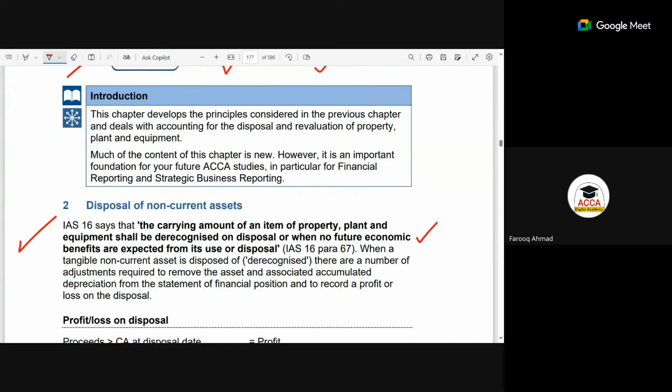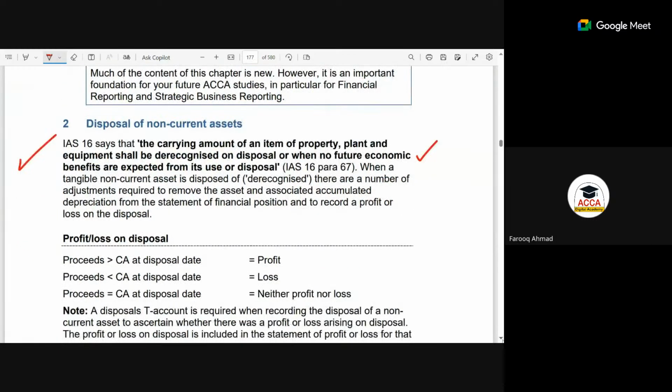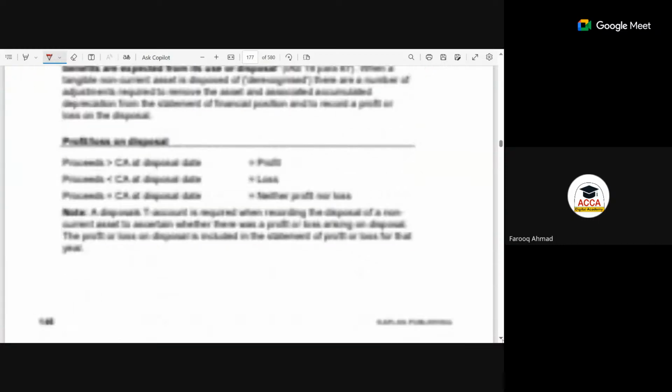When you sell it or when you feel it's not giving any benefit to the company, we need to dispose of it and it should be de-recognized in the books of account. It should not be retained in the books, and it should be removed from the asset register, from your financial statement, and from the total non-current assets.